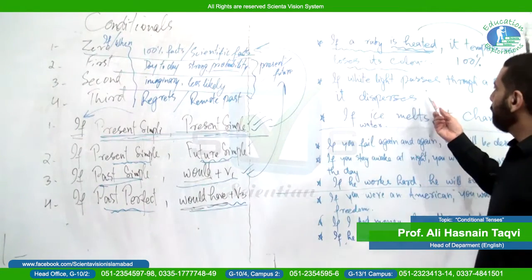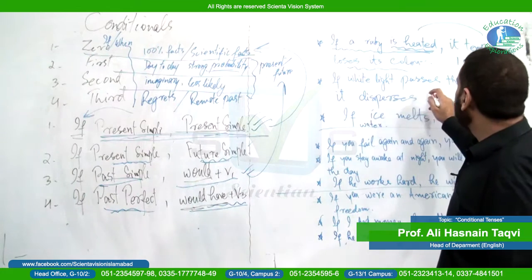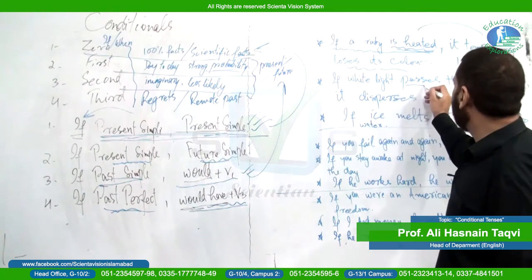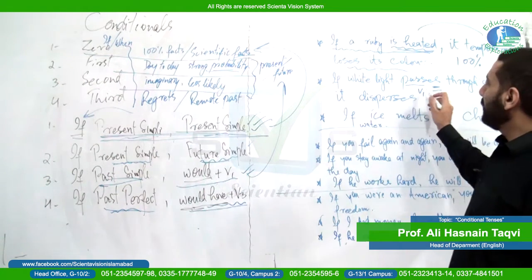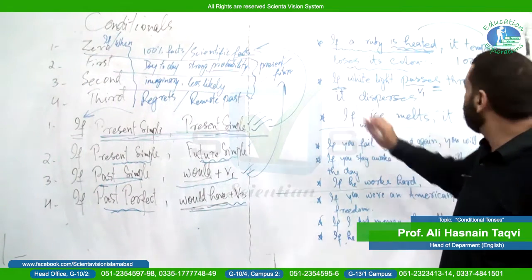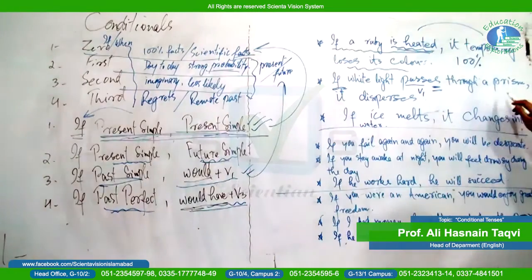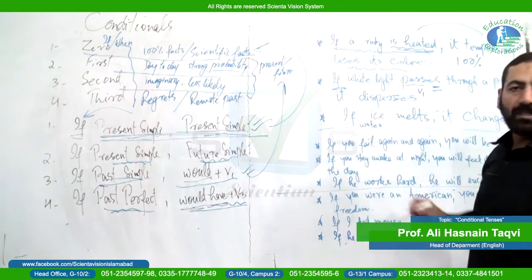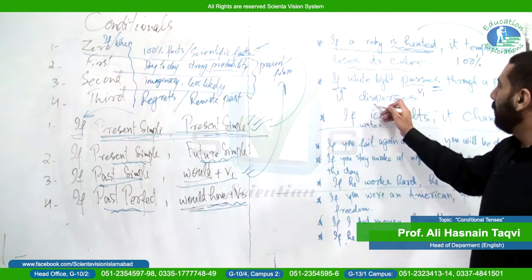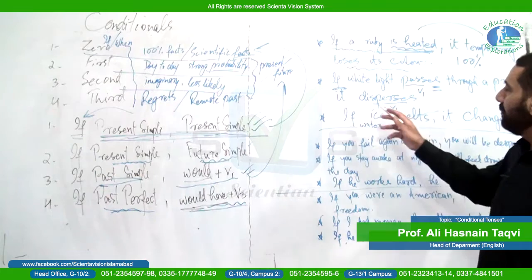Another sentence here. If white light passes through a prism, V1 with S/ES, this is your present simple in the if clause. If it passes through a prism, it disperses, the light disperses. Again, present simple. That means which conditional?